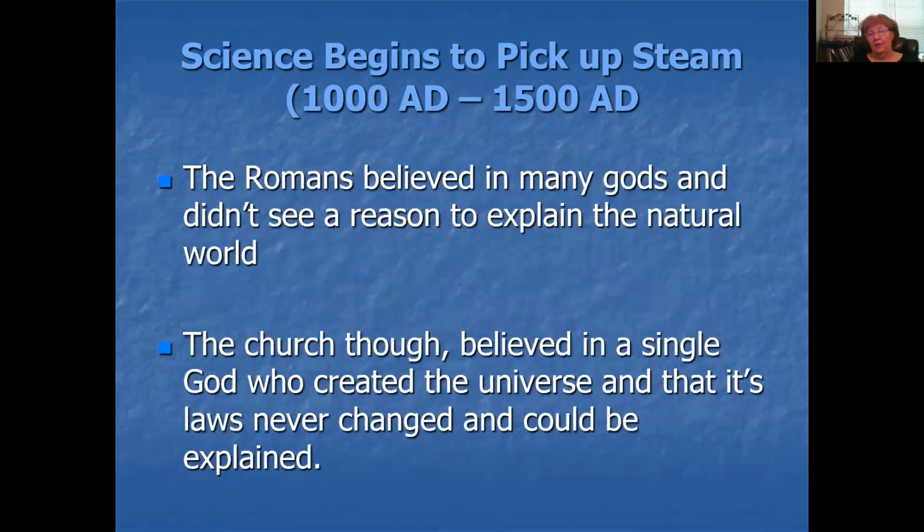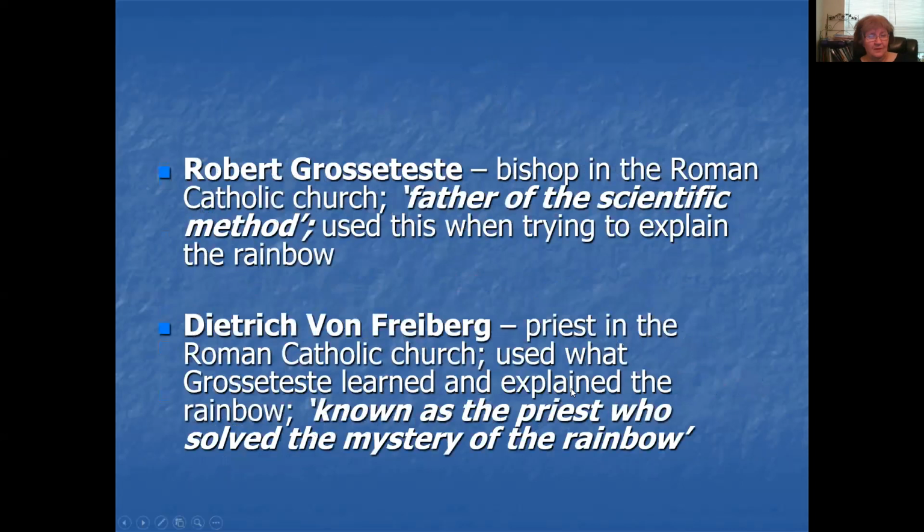So they're looking at one God who created laws that we can understand, right? So what we start to see now is the Christian church is kind of taking over from this Roman view. So there was a change in attitude from the Roman way of thinking to the Christian way of thinking. Okay? And so we've got some scientists that came out of that period, that transfer from Roman thinking to Christian thinking.